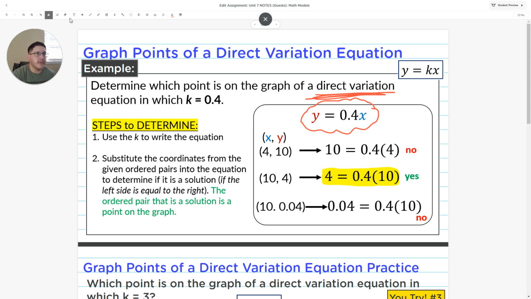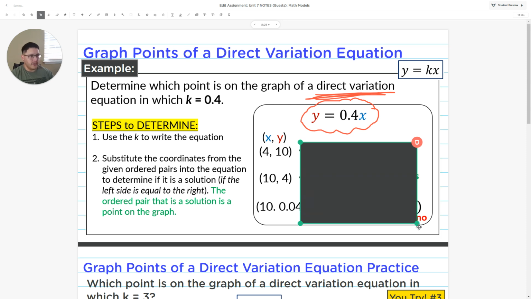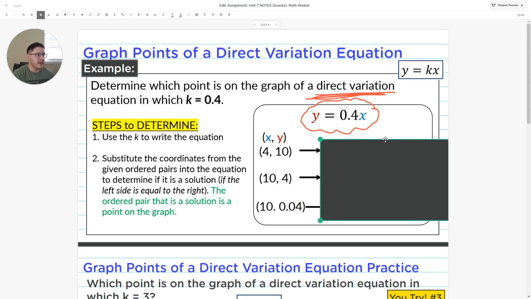Now, to determine whether these are direct variation points, we need to plug them into the equation right here. So now we're going to substitute x with 4, and we're going to substitute y with 10 to see if this coordinate is a direct variation that's related to this equation.